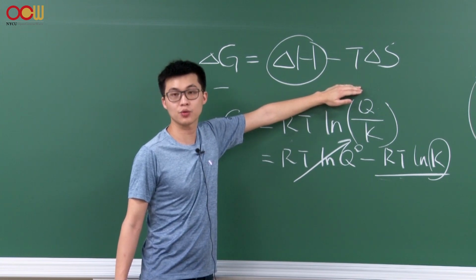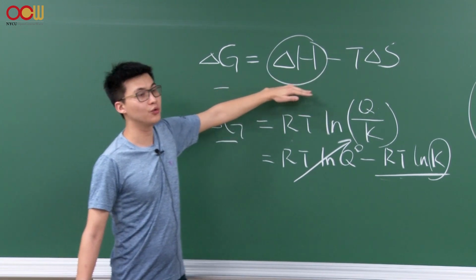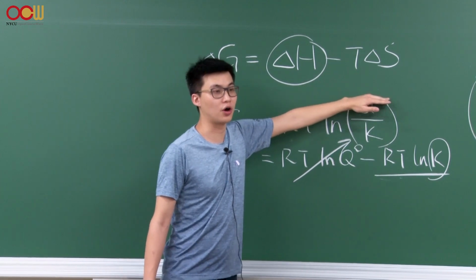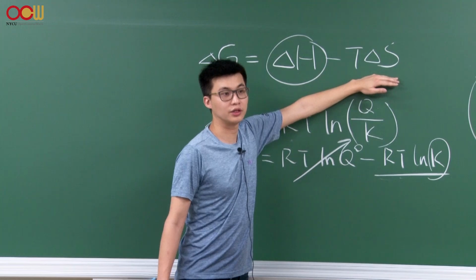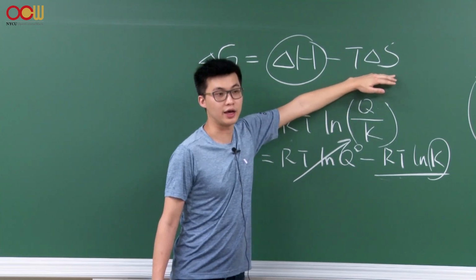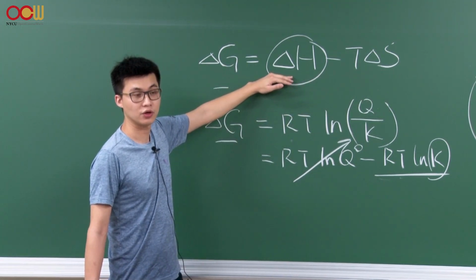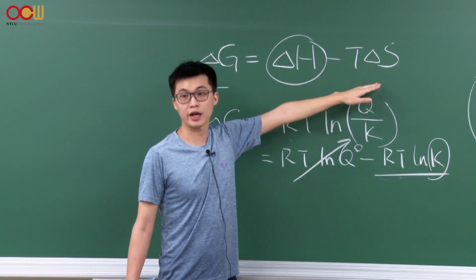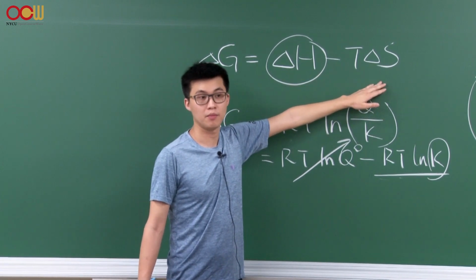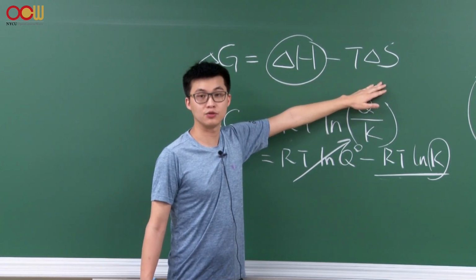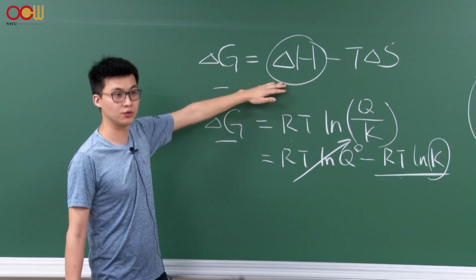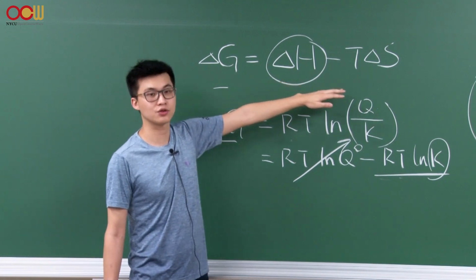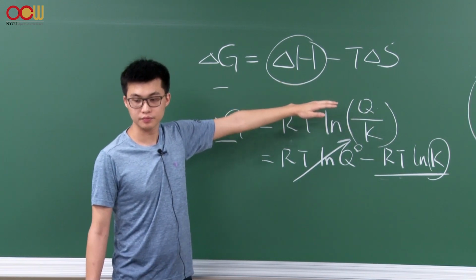Okay? In the last lecture, we talked about how to think about these terms relative to temperature. It really depends on the order of magnitude of your delta S and delta H. And be very careful in the textbook or your exam, the delta S will be given in joules, whereas enthalpy will be given in kilojoules. Okay, so you have to watch out for the unit difference.